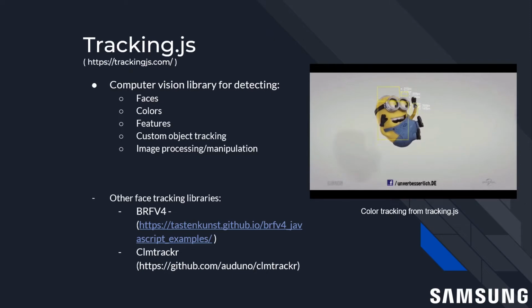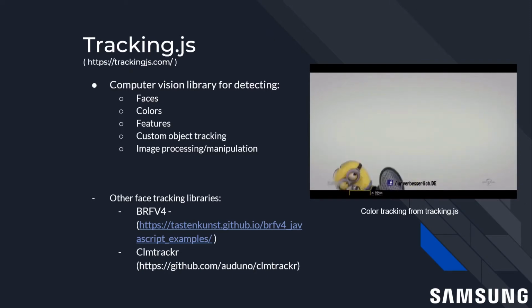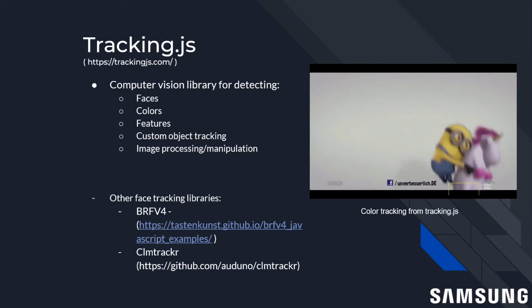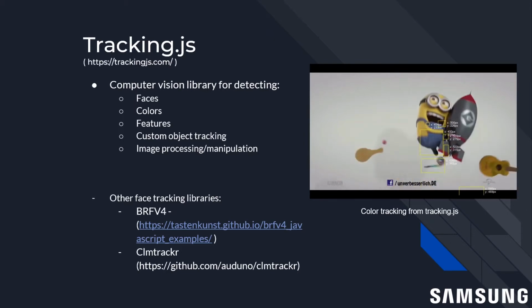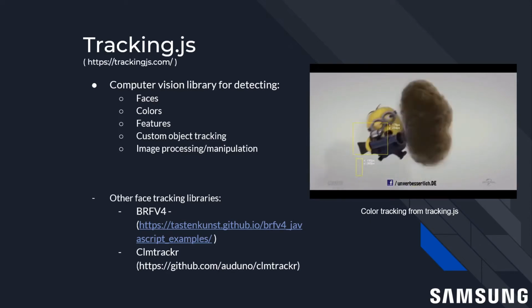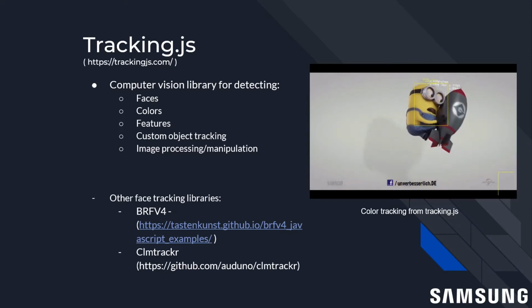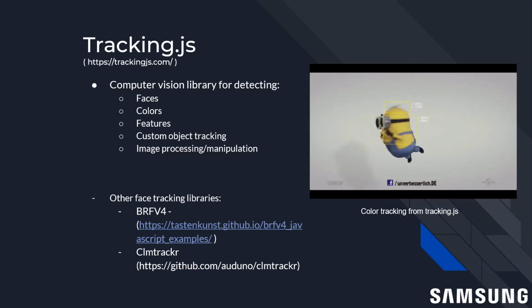You can detect colors and features. And another cool thing about Tracking.js is that you can train your own model to detect objects as well. And that GIF I have is straight from Tracking.js, which basically detects a video that they have on YouTube. In this case, I think it was a Minions movie, and it's just detecting a bunch of colors.